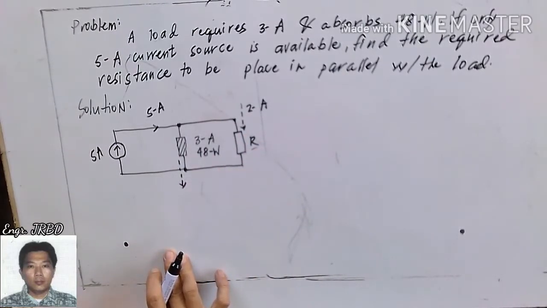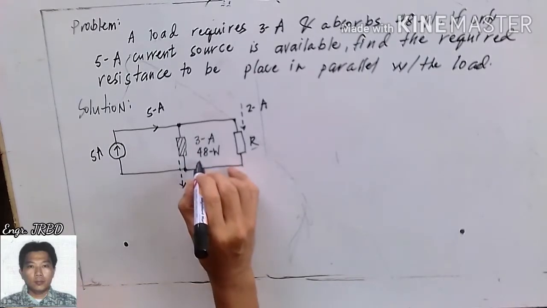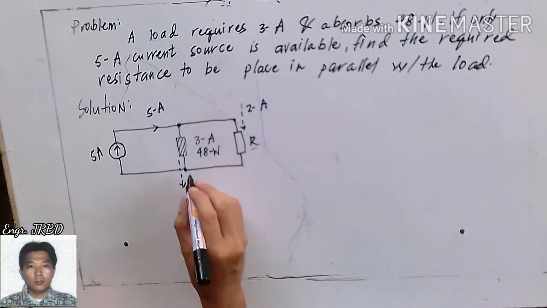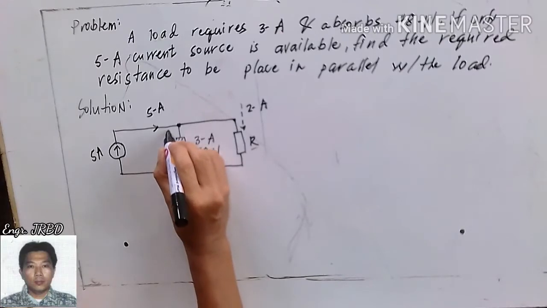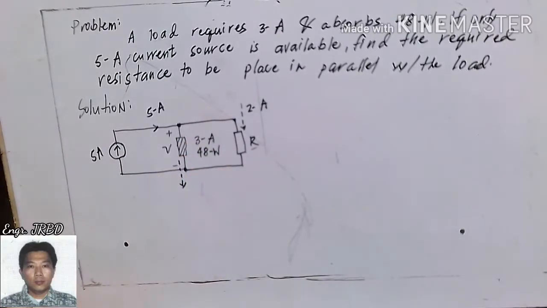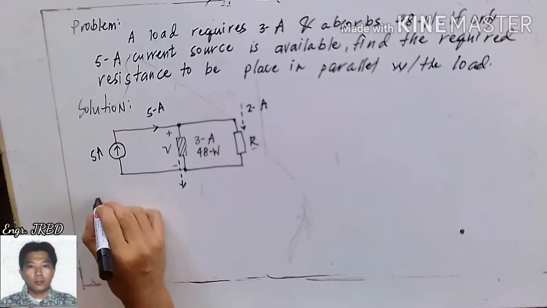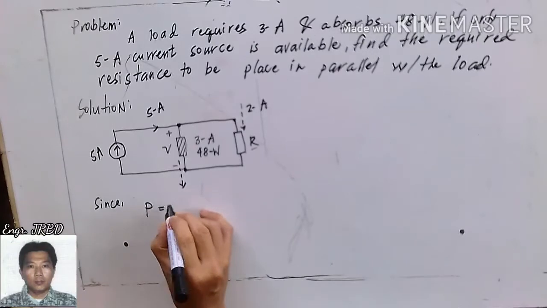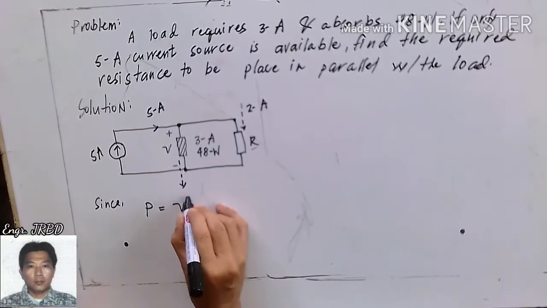We already have the power across the load, so we can compute for the voltage across this component. Supposing that the voltage here is given by V. The power equation that we have, power is V times I, correct?